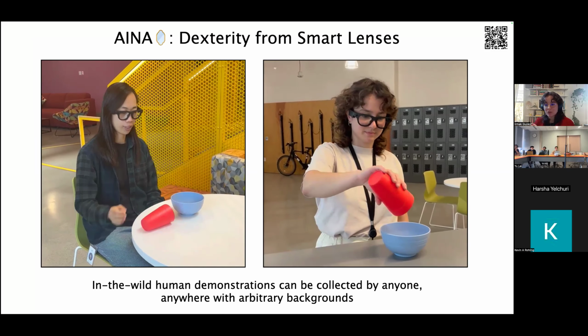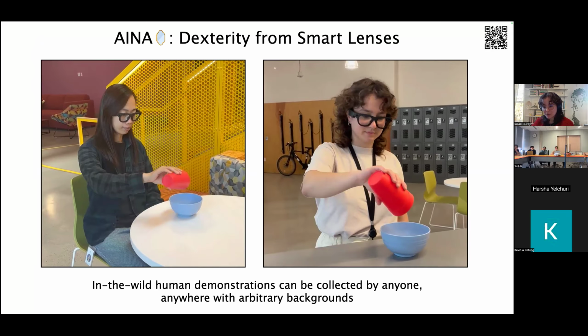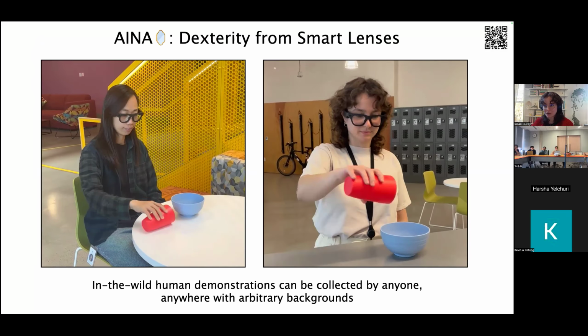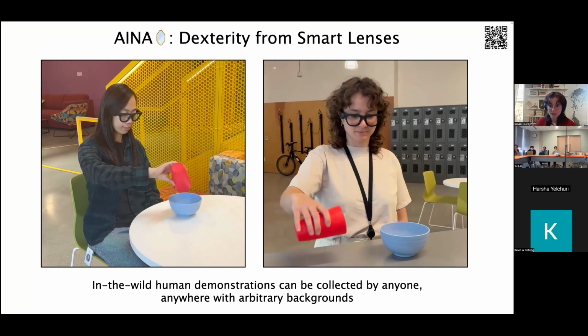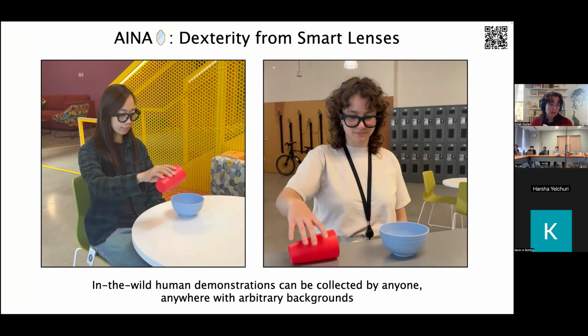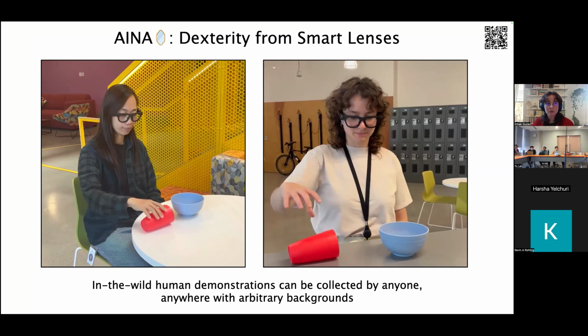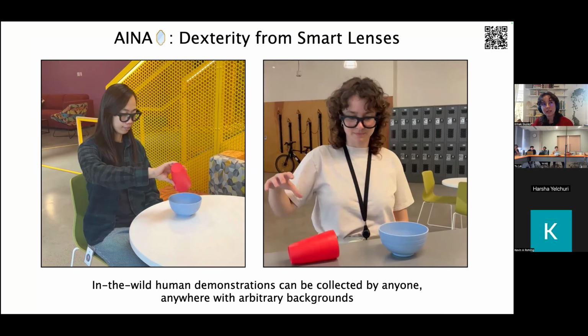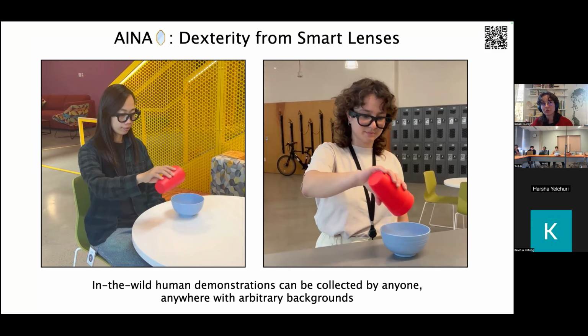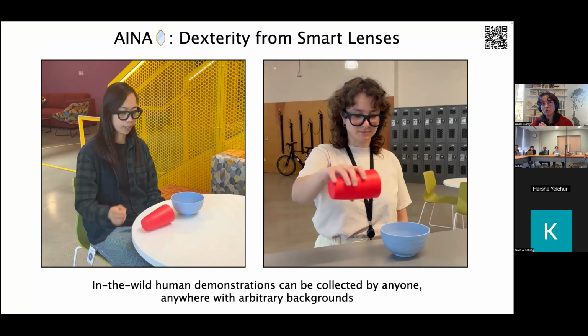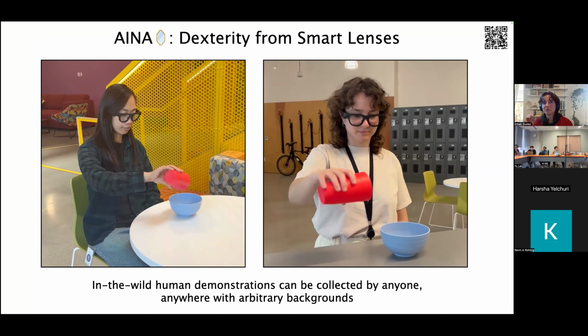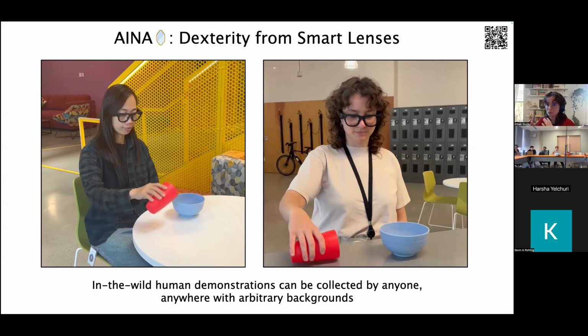So as we all know, in the wild human demonstrations can be collected by anyone, anywhere, with arbitrary backgrounds, which is why we like it, because it's very easy to collect. But it is pretty difficult to learn robot policies from it due to the lack of annotations that we can get from human data.